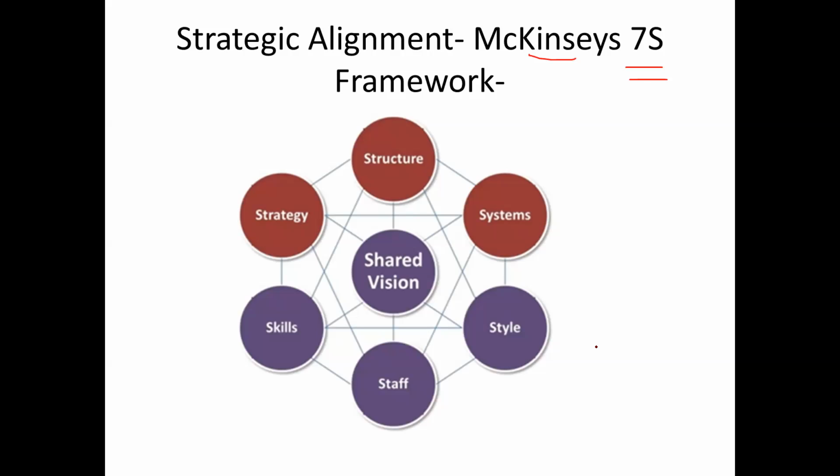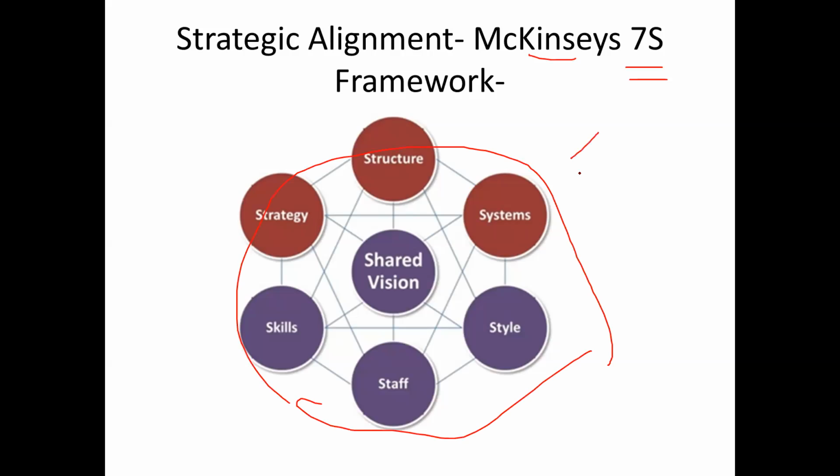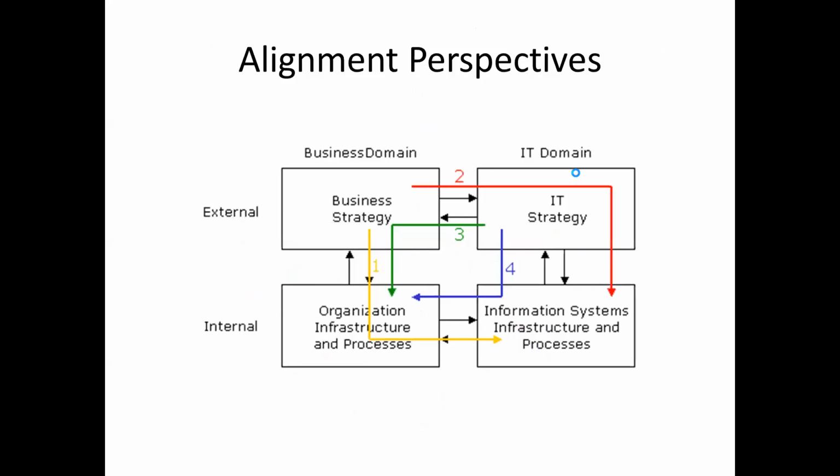So this is a model for helping us understand whether, if we change the strategy, we've got to maybe change lots of other things to make sure everything's aligned. If we've got problems, it could be that some things aren't aligned and that we need to change things. So I prefer the 7S model. It's very good, but the study guide's gone down SAM.